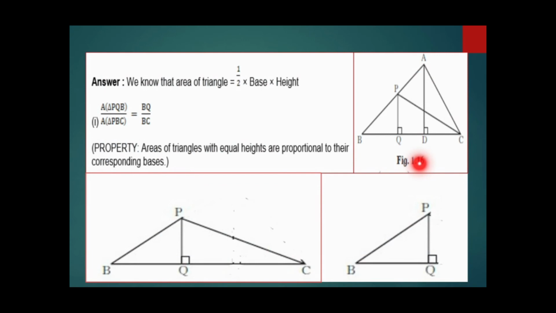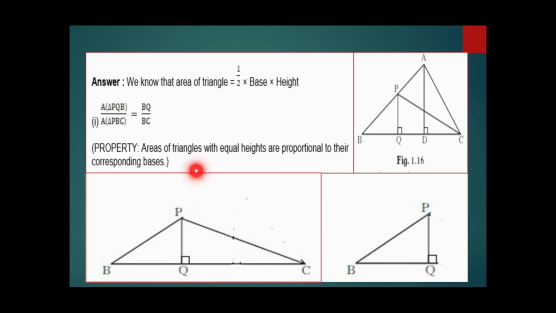Now we draw separate diagrams for triangle PQB and triangle PBC. If we observe, their height is same, that is PQ. So we use the property area of triangles with equal heights are proportional to their corresponding bases.